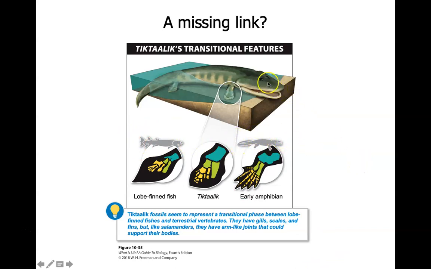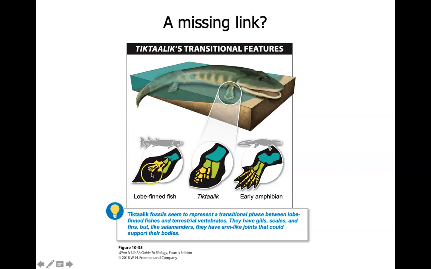Now, if you look at this, it does have some features of a fish, but it also has some features that we would recognize as something similar to organisms that spend their time both in the water and out of the water. To me, this looks a little bit like an alligator or a crocodile. But if you think about that organism's environment, they live in and out of the water.